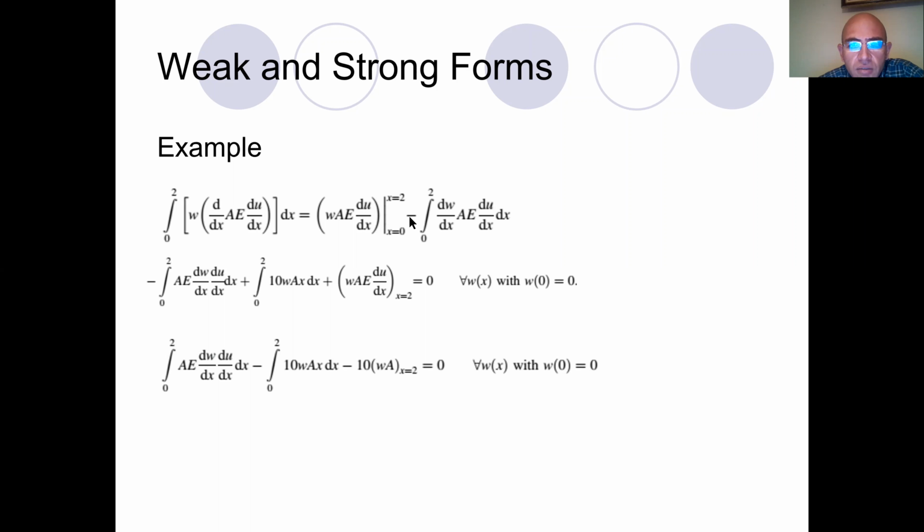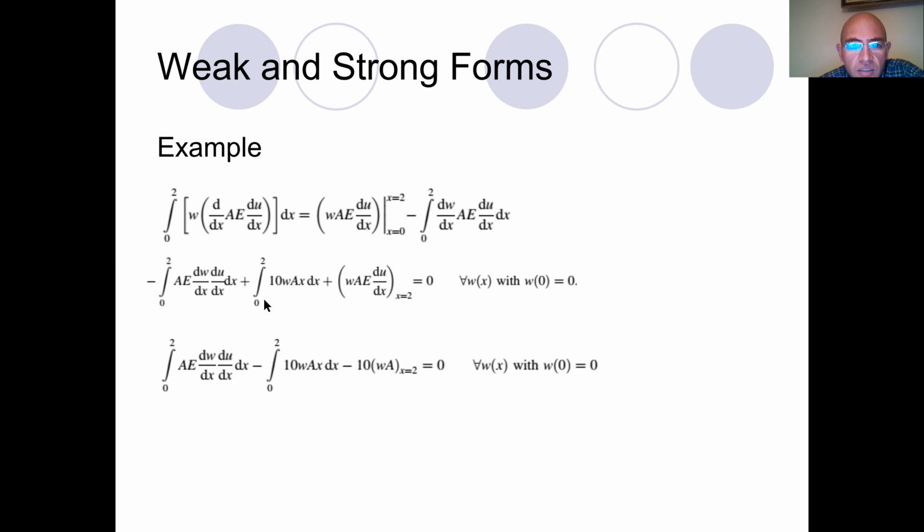So remember that w at x equal to 0 is 0. So as a result, this is minus, and so I will arrive at this expression. It is minus integral from 0 to 2 of AE dw dx du dx.